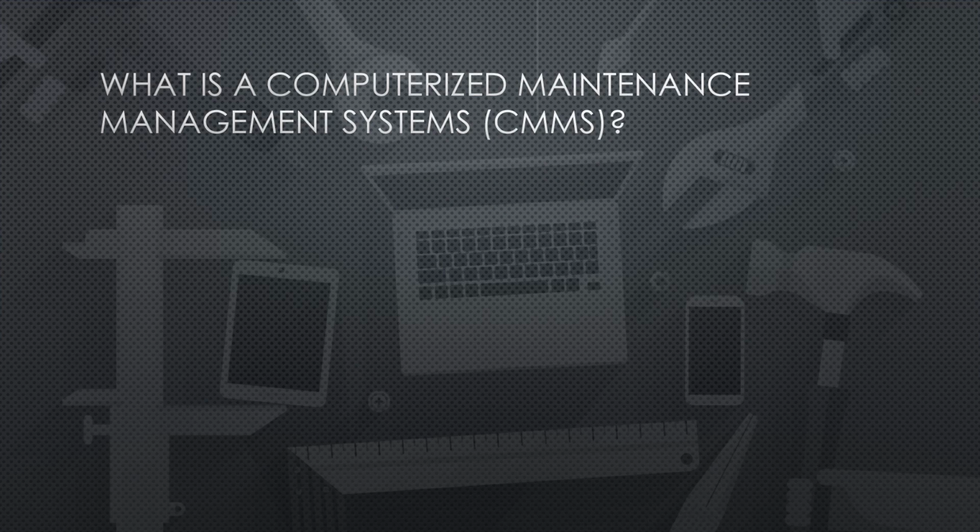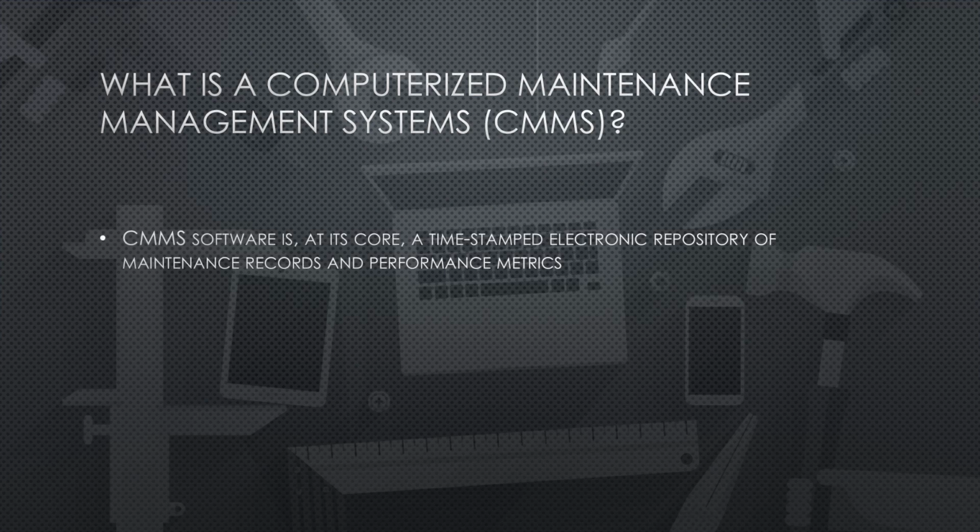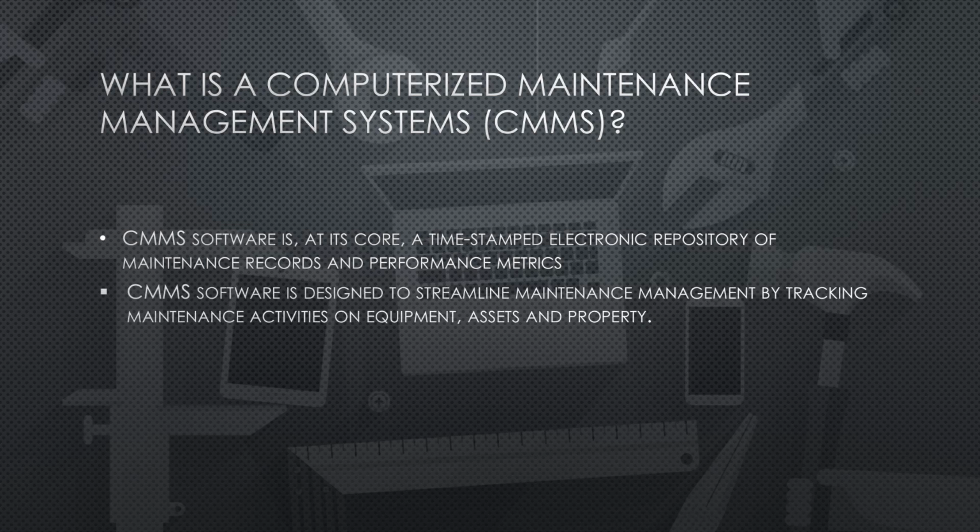What is a Computerized Maintenance Management System, or CMMS? At its core, a CMMS is a timestamp repository of maintenance records and performance metrics. CMMS was designed to streamline maintenance management tracking.